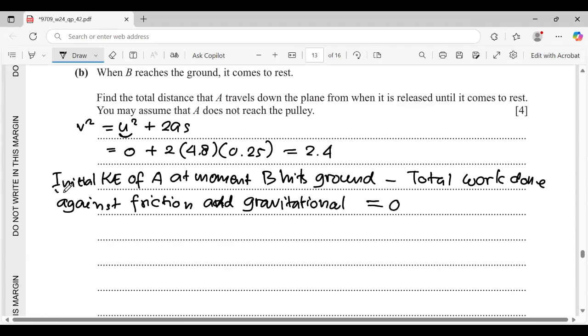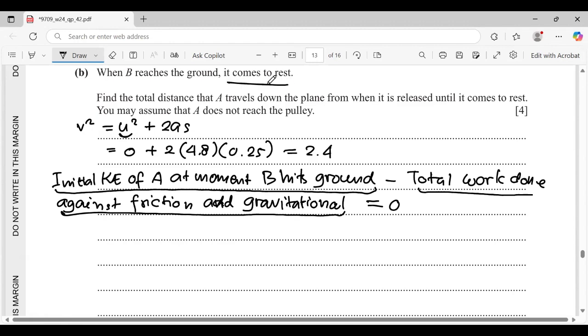This part minus this part is equal to 0, because it hits the ground, comes to rest.